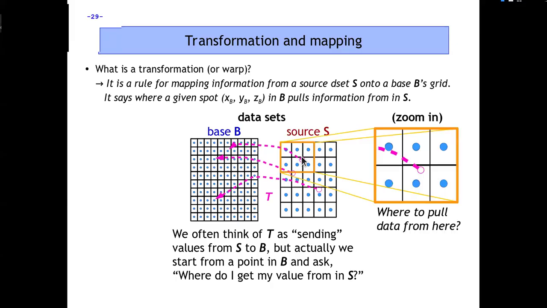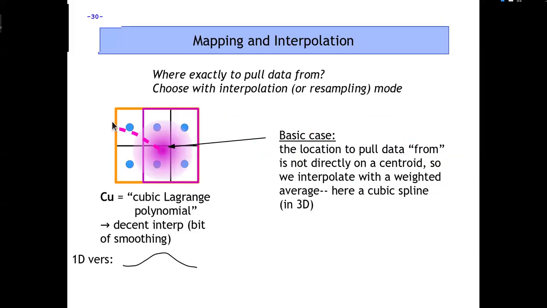Now, what does it mean that information from here should get mapped here? This is not exactly on a centroid, it's near a boundary between a couple, so how do we figure out what number should get pulled onto the base data set? The rule for choosing how to pull information from the source data set is called interpolation.